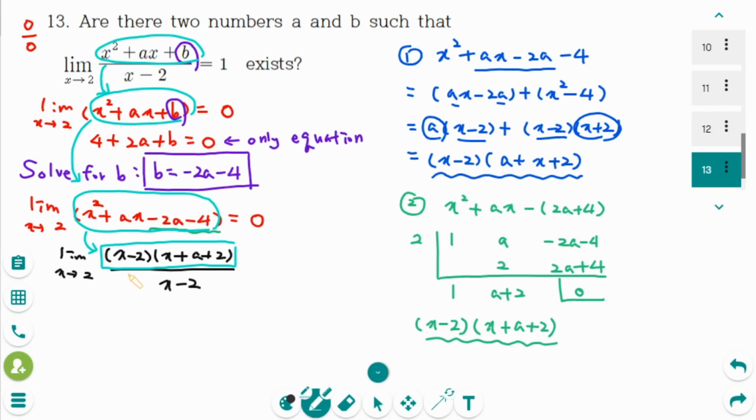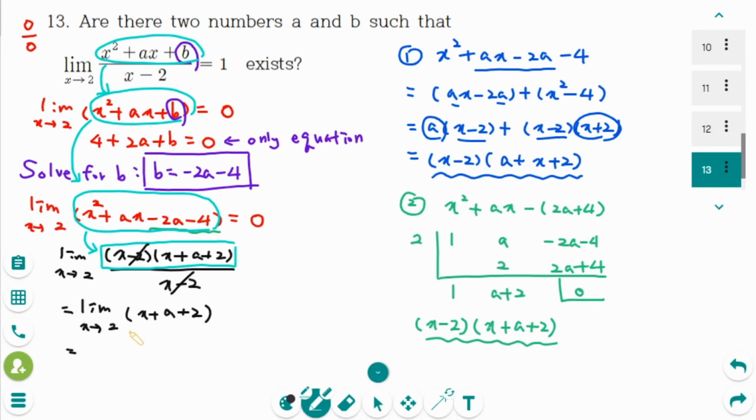Change it like this. And cancel the common factor. Simplify. x plus a plus 2.